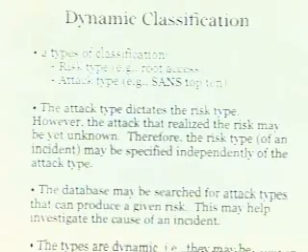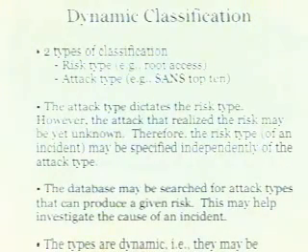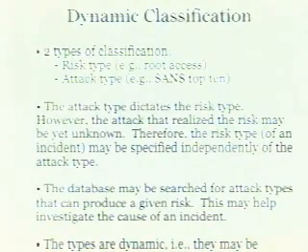Now we're getting to the more interesting stuff from the point of view of research. That is, what's a type? What is this incident actually? What do I do with it? Is it sufficient to say that it's a mail bomb or a denial of service attack?